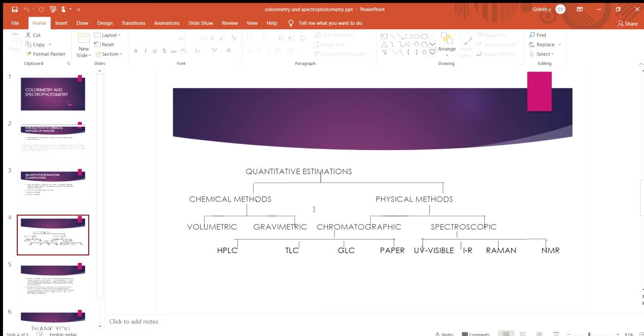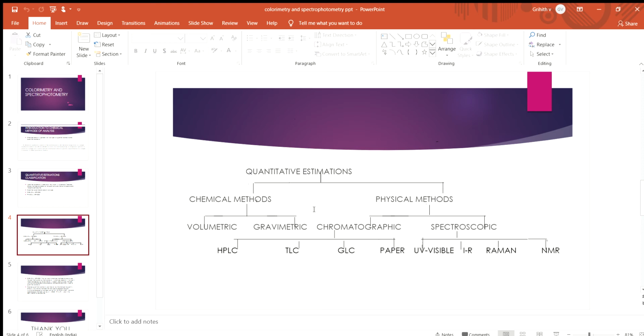In volumetric and gravimetric methods, though they come under quantitative methods of analysis, the amount of compound can be determined. But with chromatographic methods, I told you it is a separation technique, where a mixture of compounds can be separated. Now here it is spectroscopic methods, a physical method.